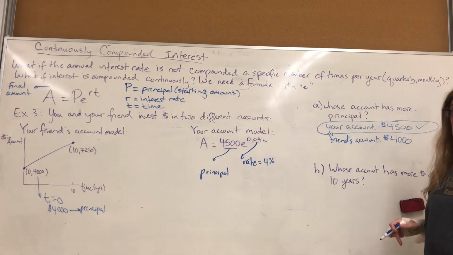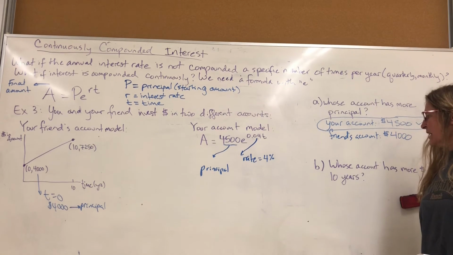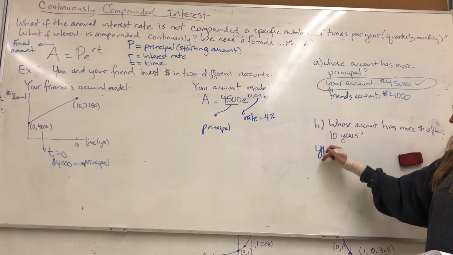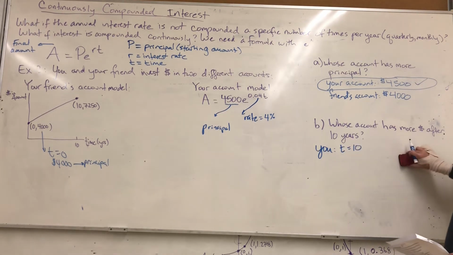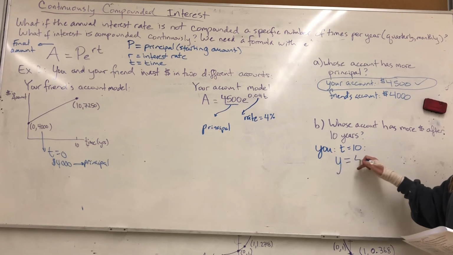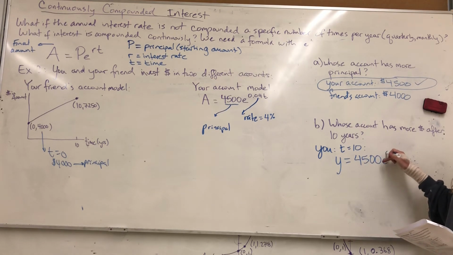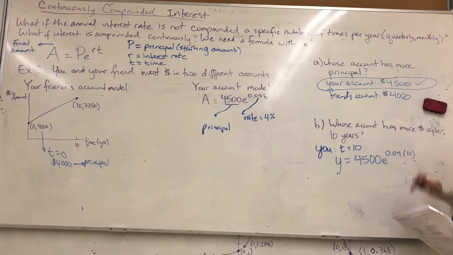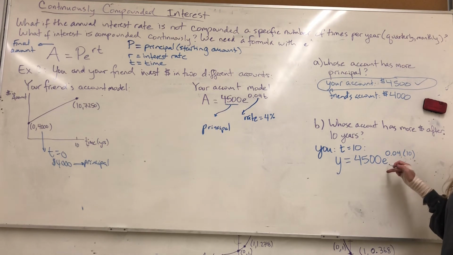Okay, that doesn't mean you stay with more though, right? So let's check out after 10 years, how much do you have? Well, that means we're going to say T equals 10. So we're going to put that into our formula. And remember, to get an E, we're going to do second ln.